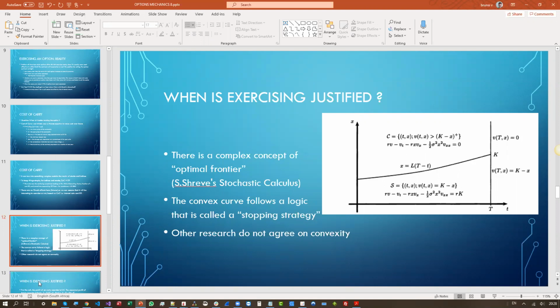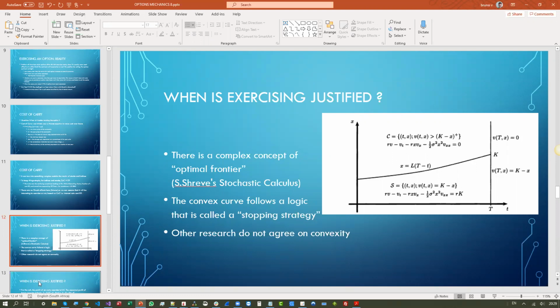And in the literature, and here I mention Stephen Shreve's book on stochastic calculus, it's a little bit complicated, but it's still okay, and it's like bachelor's level. There is something that they call an efficient frontier, where it can make sense to exercise or not make sense to exercise.